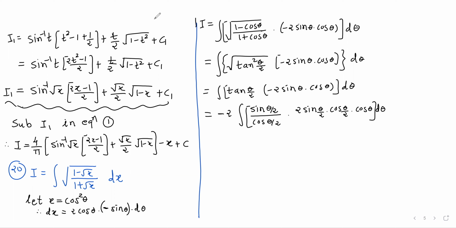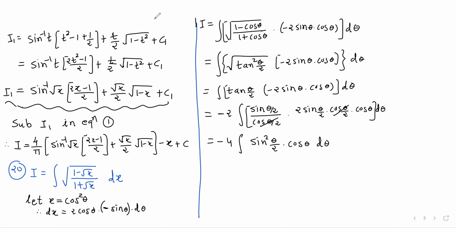Cos theta by 2 cancels with cos theta by 2. 2 into 2 gives minus 4 sin theta by 2 into sin theta by 2, that is sin square theta by 2 into cos theta d theta.